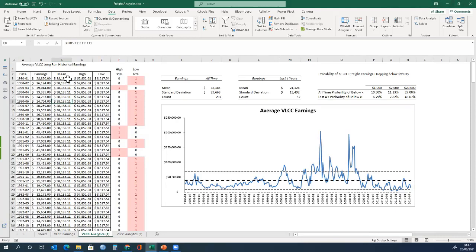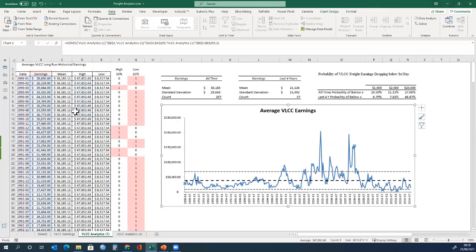We have used these two numbers to create the table. The first one is the mean. The high is the average plus the standard deviation, and the low is the average minus the standard deviation. They are constant values. We have plotted the data here in this graph.